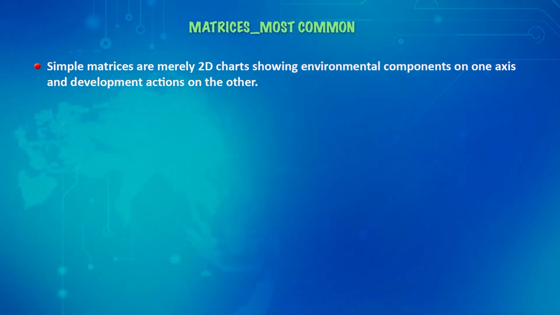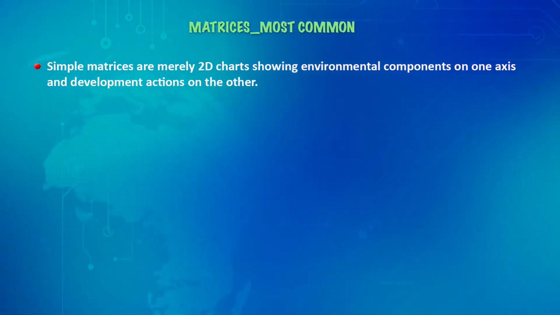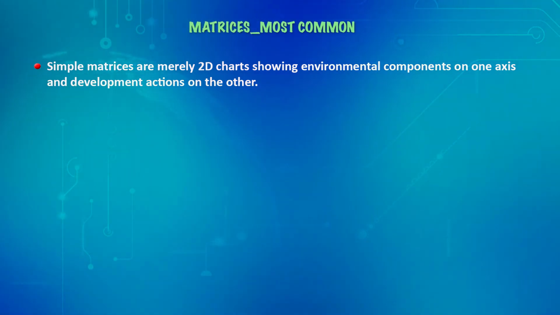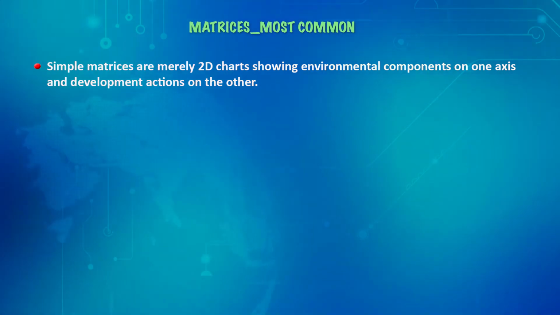The simplest one is the simple matrix. Simple matrices are basically two-dimensional charts showing the environmental component on one axis and the development action on the other.